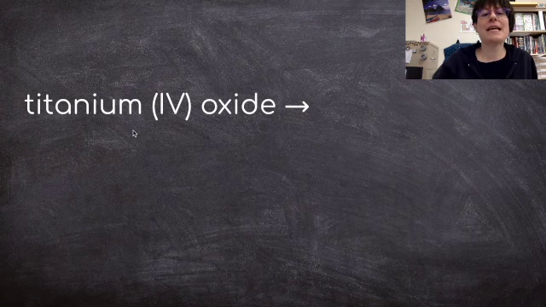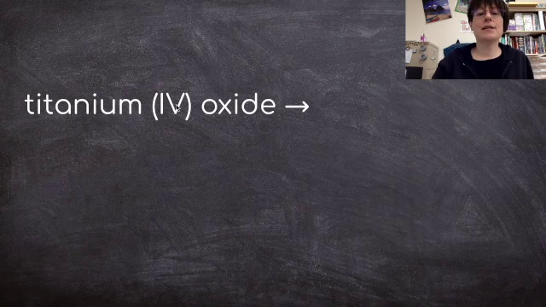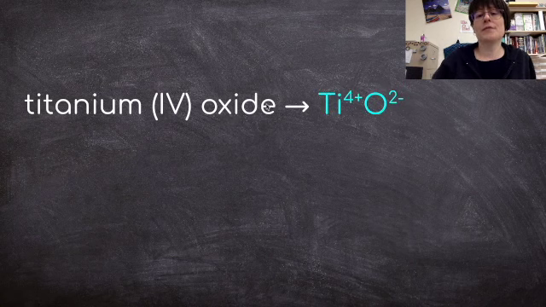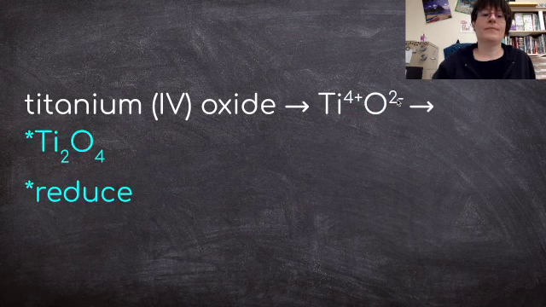Okay, how about titanium(IV) oxide? Titanium, we have the oxidation number. Oxide, we've been using that a lot, so 2 negative. So Ti 4 positive, O 2 negative. We crisscross, and we end up with Ti2O4.